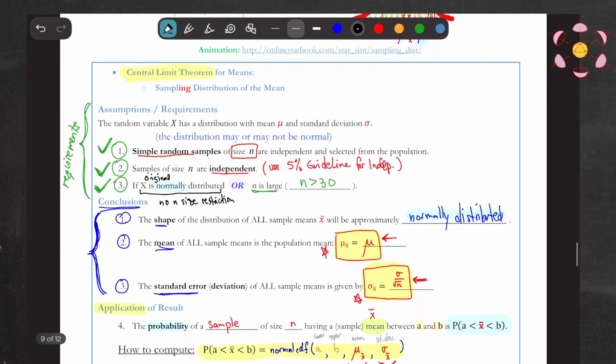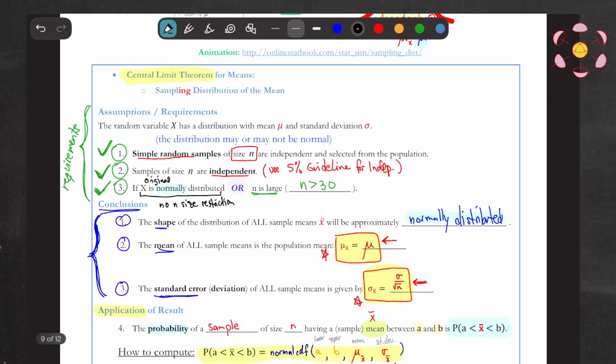Okay, last time we talked about what the theorem requirements were. Number one, simple random sample. Number two, samples of size n are independent. Number three, either the original distribution is normally distributed or n is bigger than 30.